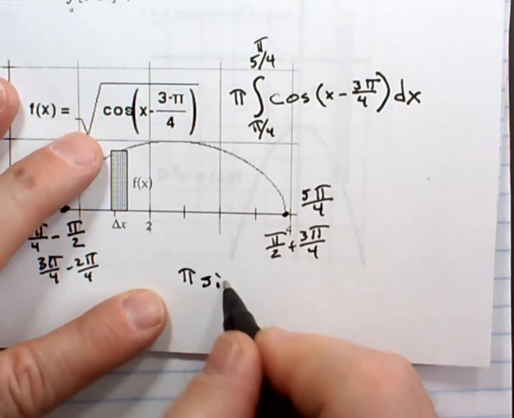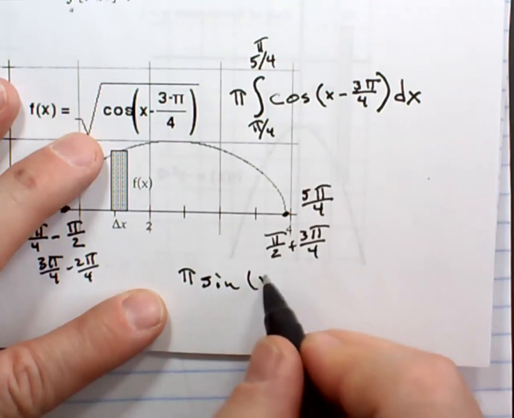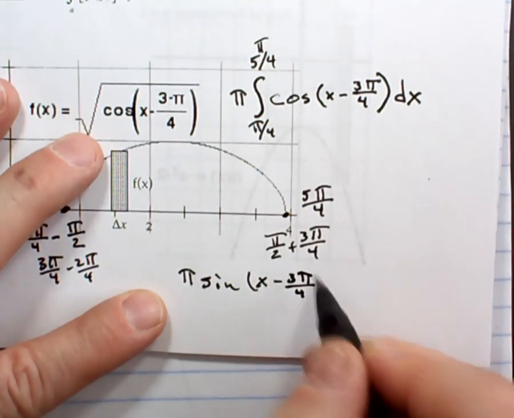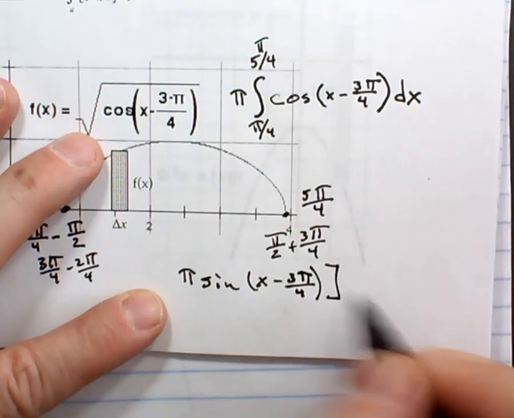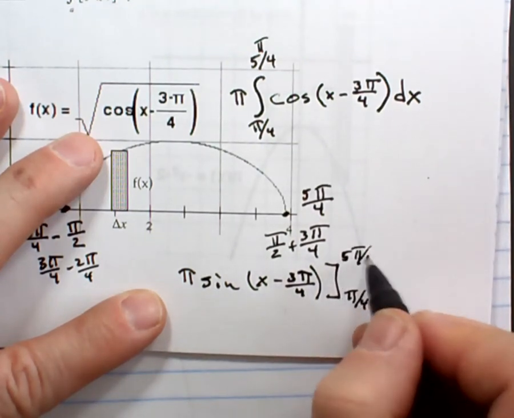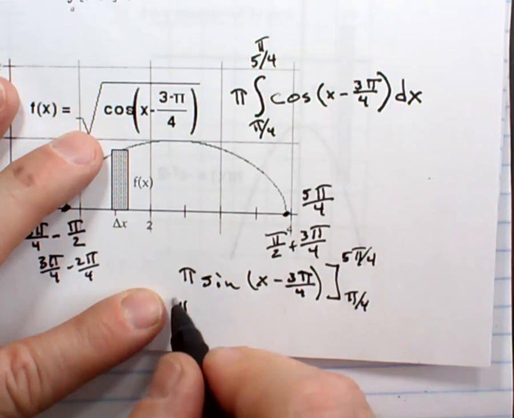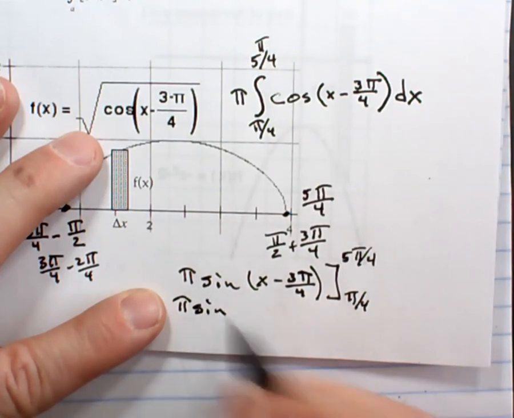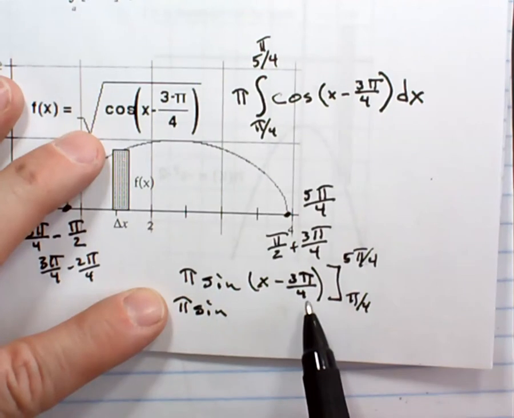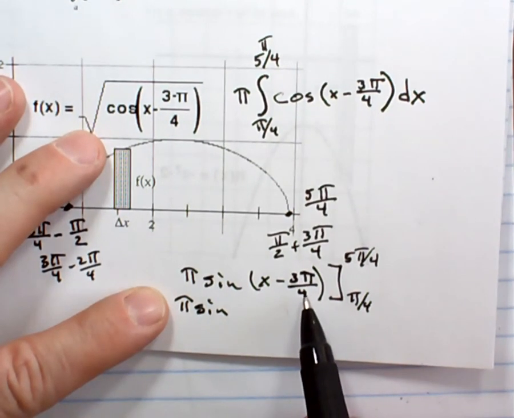times the sine. You guys are scaring me today. I'm feeling like I'm speaking Swahili all of a sudden. From pi over 4 to 5 pi over 4. So this is going to be pi times the sine. Well, what's 5 pi over 4 minus 3 pi over 4? What?